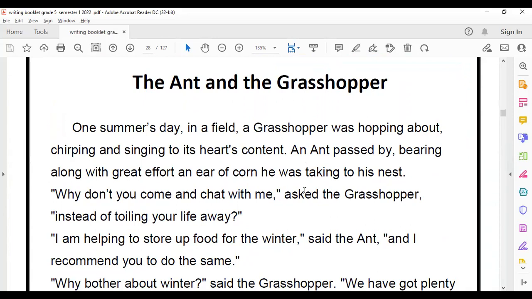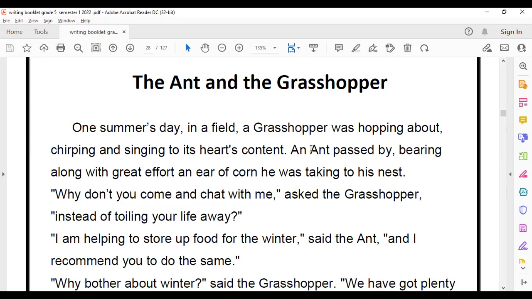Stay with me because I have one more question to ask you. On a summer's day in a field, a grasshopper was hopping and chirping and singing to its heart's content. Here, Abdulaziz, what is the setting? In summer, okay.